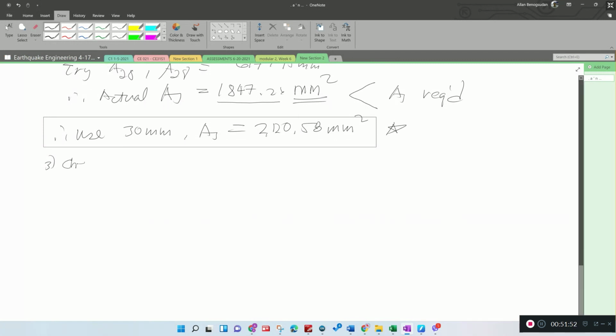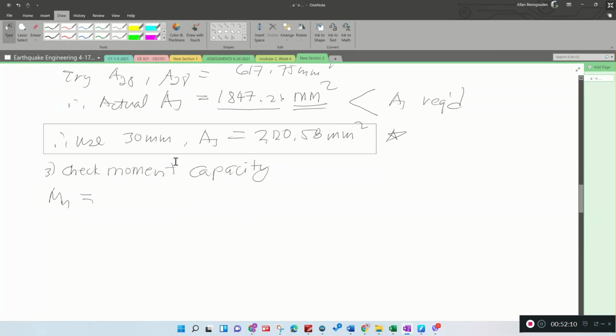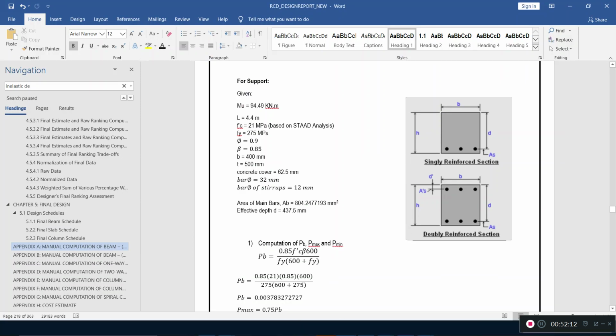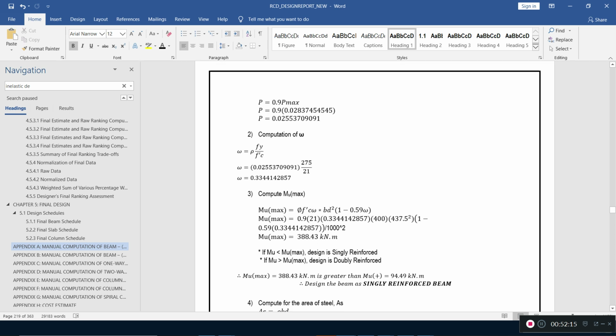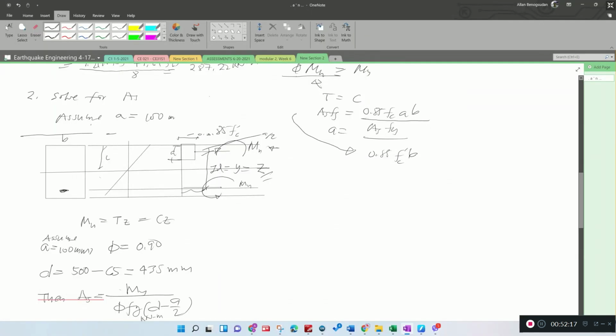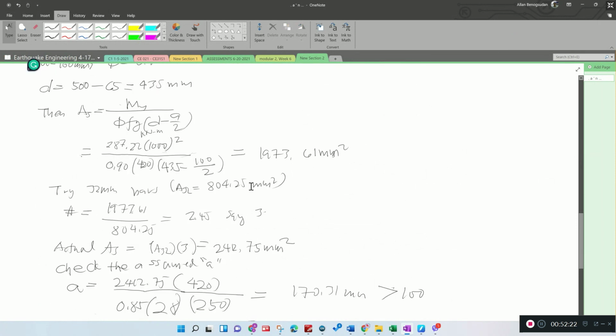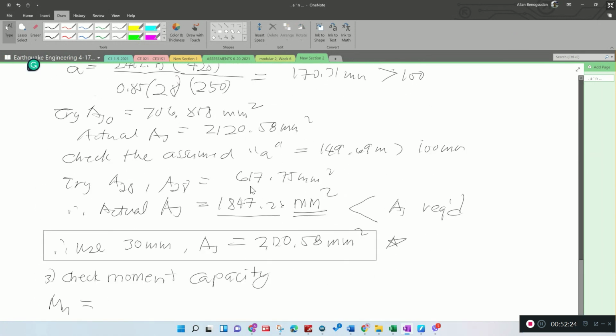So check moment capacity. So the moment capacity is this, as we have said earlier, this is your moment capacity. So we solve the moment capacity.